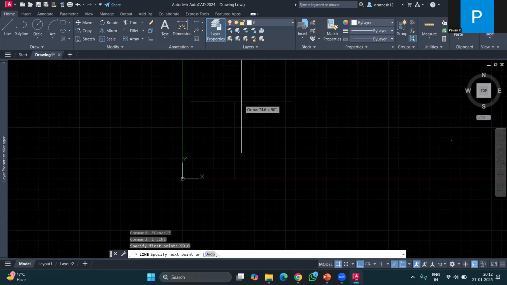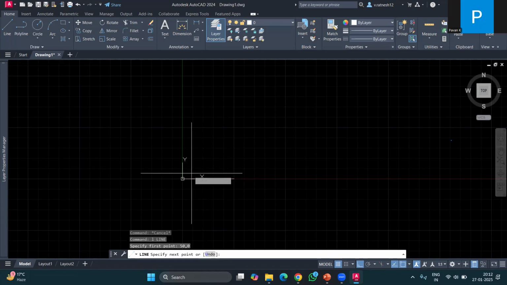It is 50 comma 0 because we have not given any distance for the line. We have just pointed out a point in the X and Y coordinate system. Now if you want to give any other value, it will start from the origin, not from here. This is called the absolute coordinate system.